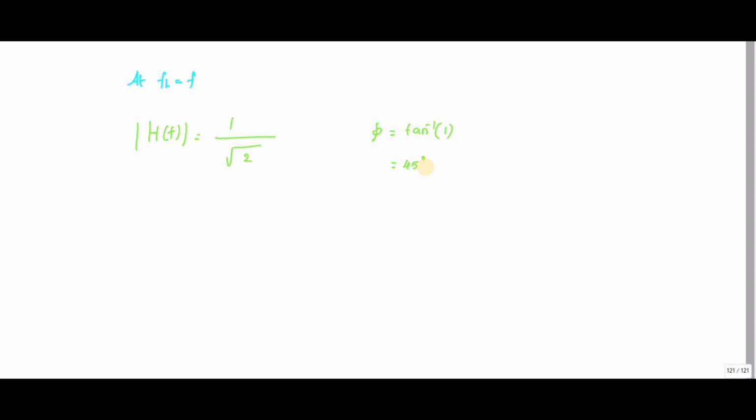So if I draw the magnitude and phase curve, I will get H of F equal to 1, and it will reduce to 0.707. This is nothing but 0.707.